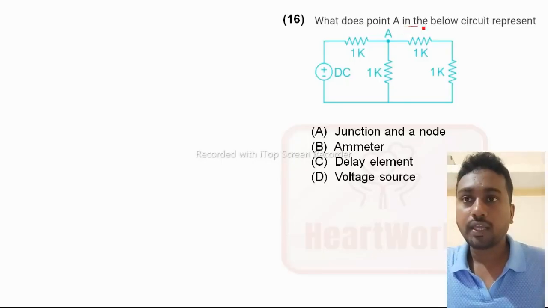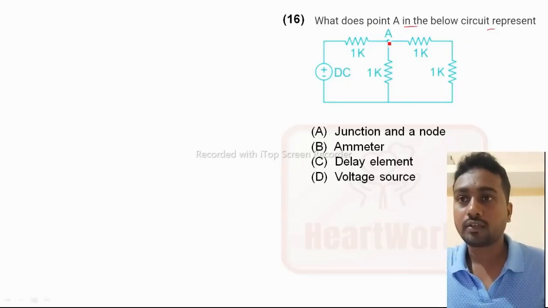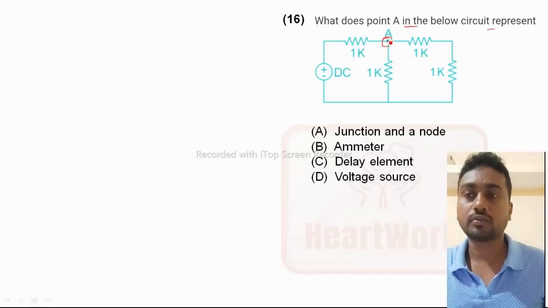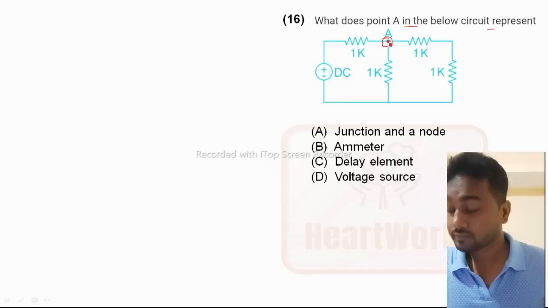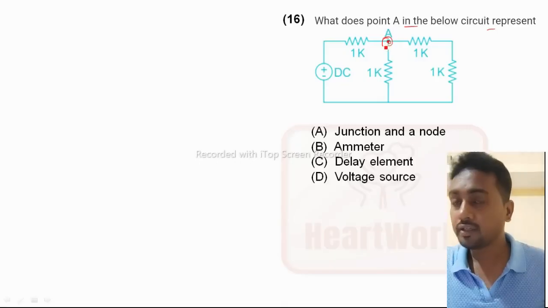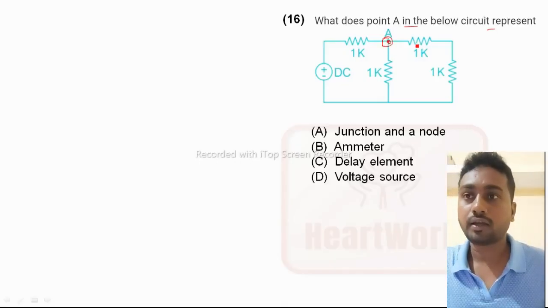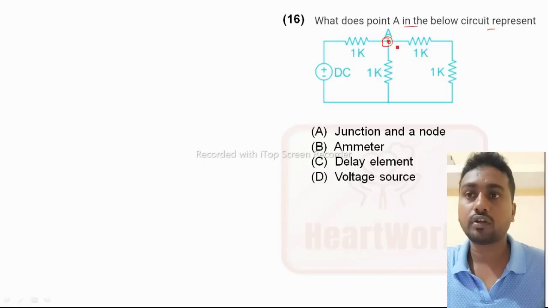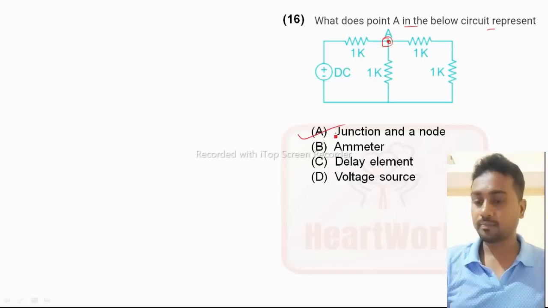What does point A in the below circuit represent? In any circuit, when two or more elements like resistor, capacitor or inductor are joined together, it is called a node or a junction. Option A is the right answer.